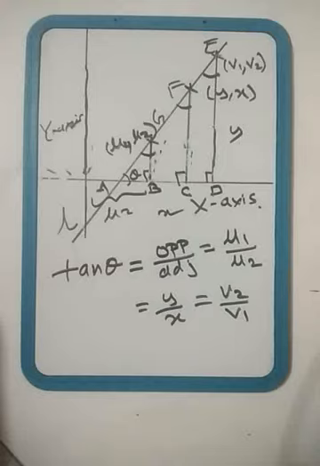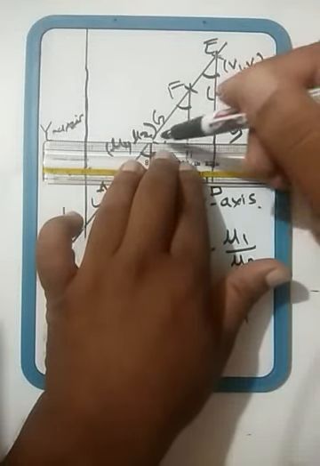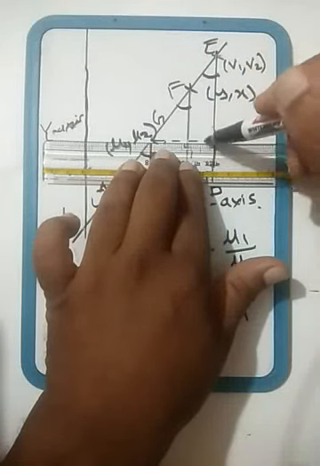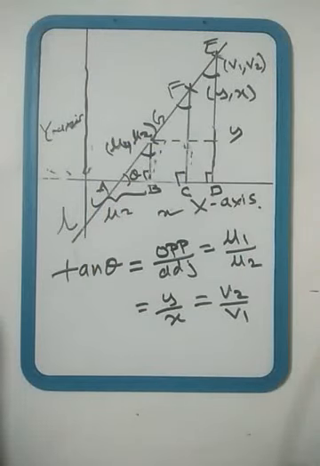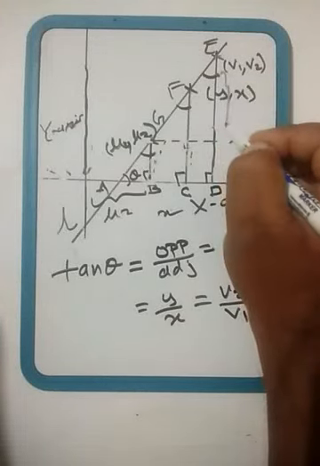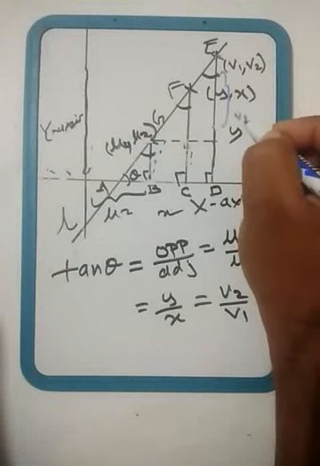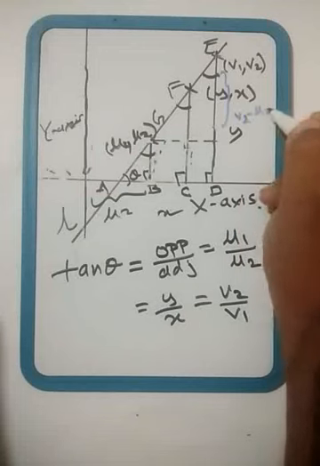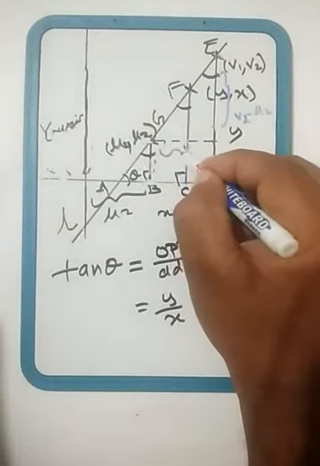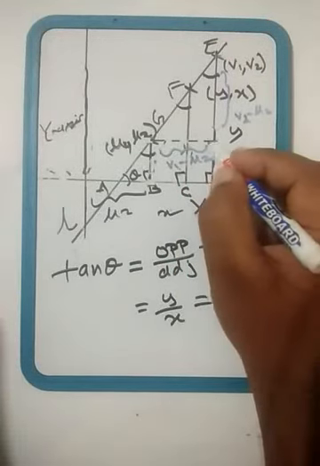Observe that the other thing could also be done. If you draw from this point a line parallel to this one, now this length is v2 minus u2, while this length is v1 minus u1.